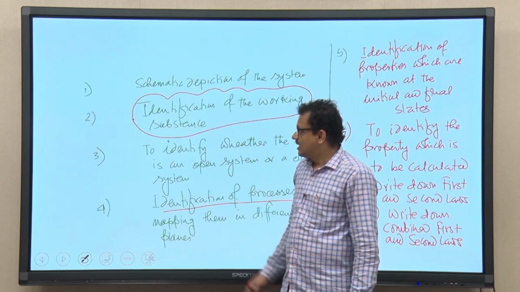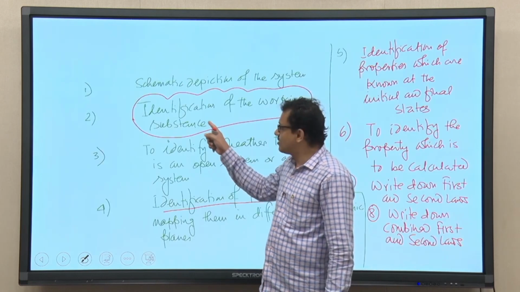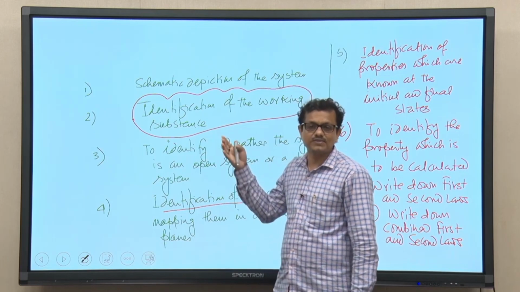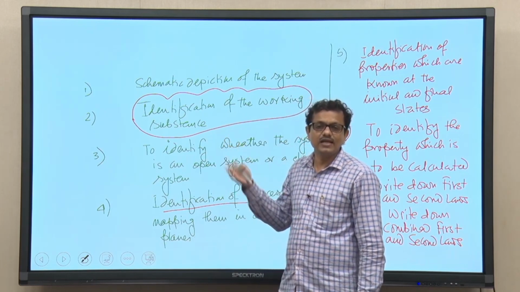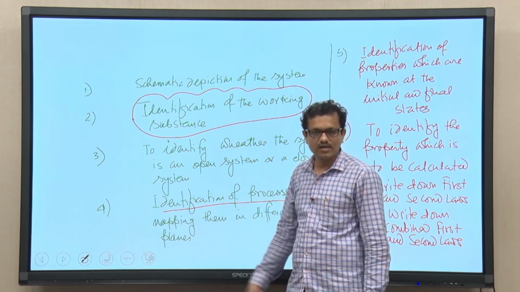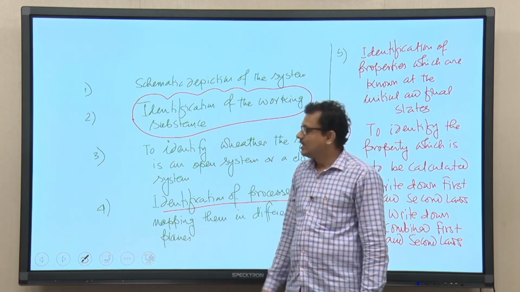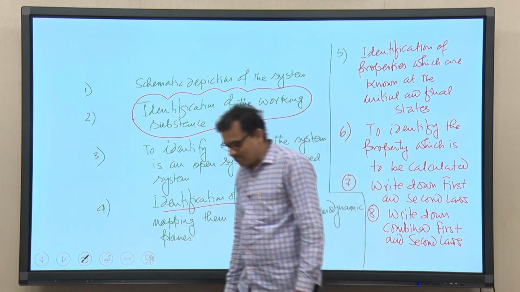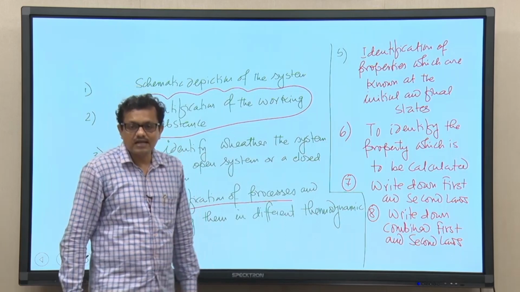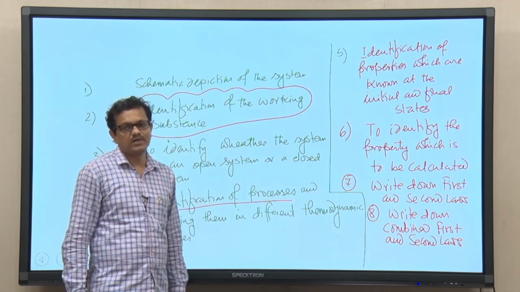So, basically the last point is connected to point 2, because if the working substance is a pure substance like water, we can directly use the property tables to calculate other properties. If it is an ideal gas, then we have to use the ideal gas relationship to calculate the properties.